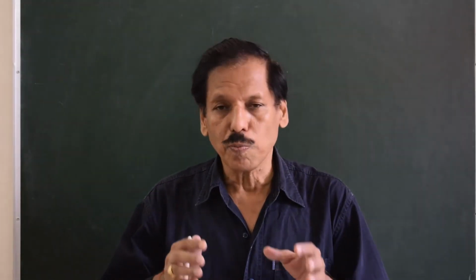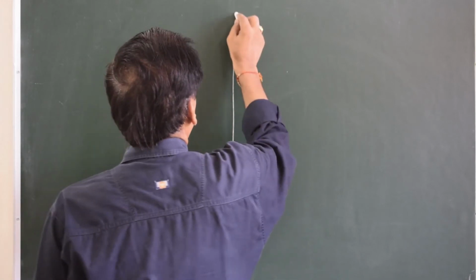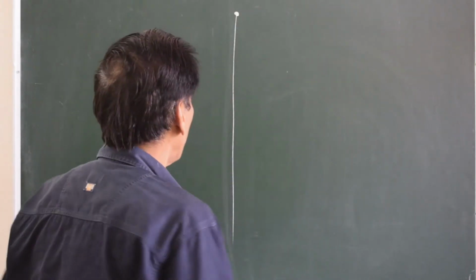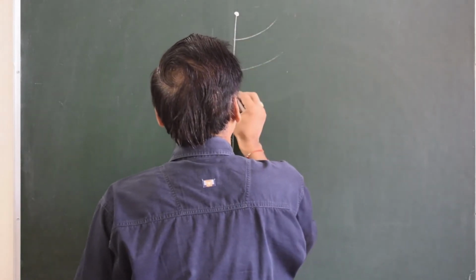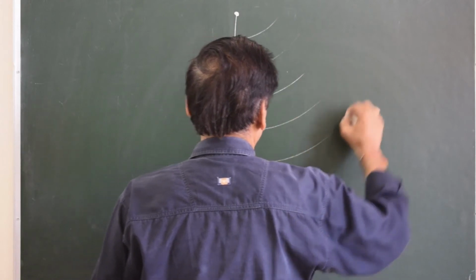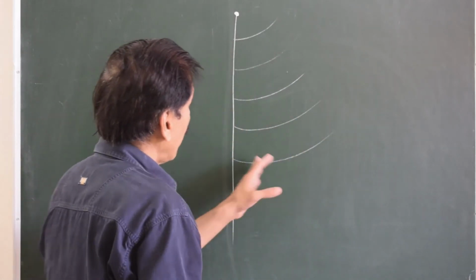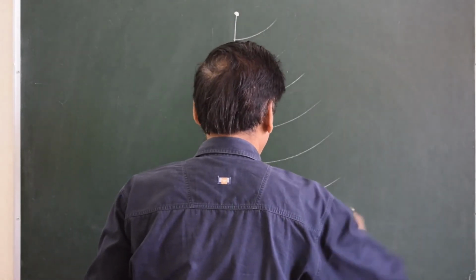Next is Bonne's modified conical projection. Now suppose this is a central meridian. Over here you have the pole. You will have all the parallels of latitude appearing equidistant, that is proportional to the actual distance between them, and they are all concentric till you reach the equator.